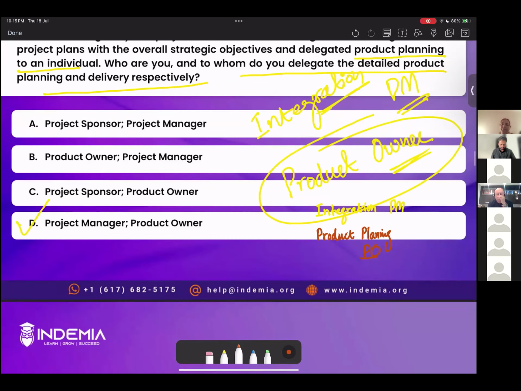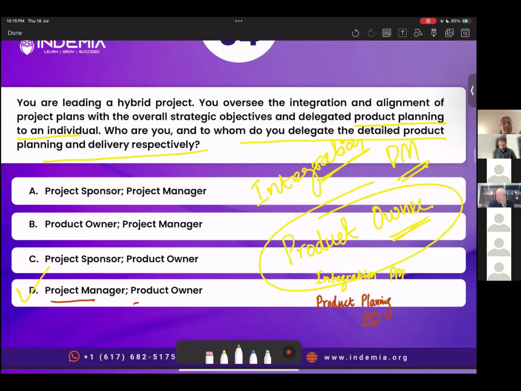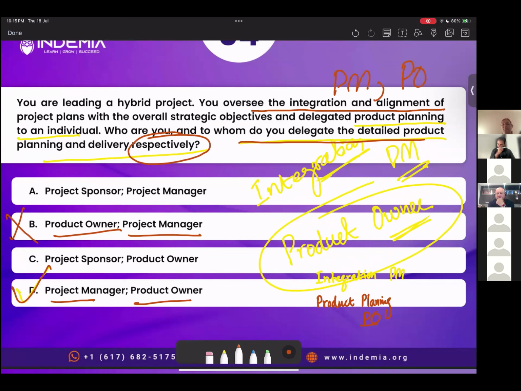Now your question is, we have the same thing here and here, why did I choose D? Because of the word respectively. In the question, the first thing mentioned is relevant to PM: you oversee the integration. So first is PM. And whom do you delegate to? So the second thing is PO. That's why D is correct and this is not correct, just because of the sequence, right?